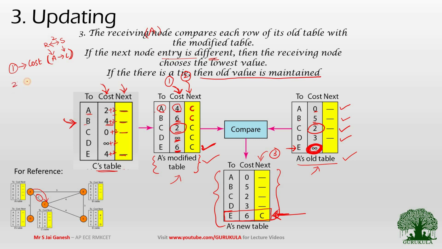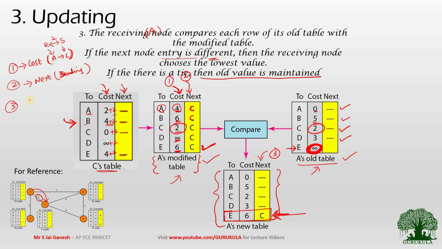The second step is you need to create the updated next hop column. In the next hop column, you simply replace the values with the sending node. Here the sending node is C, so that is why we have replaced all the values with C. These two steps give you the modified table.